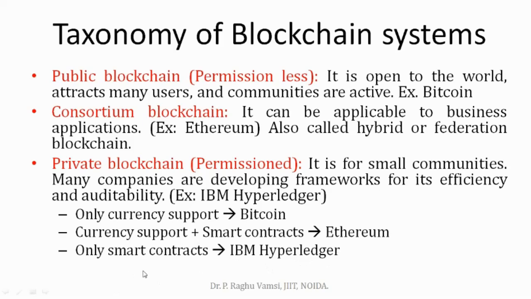IBM Hyperledger doesn't have the facility of cryptocurrency, and Bitcoin doesn't have the facility of smart contracts. But one blockchain framework has support for both cryptocurrency and smart contracts, and also decentralized application development. That is what we call Ethereum. So we are going to cover Bitcoin, Ethereum, decentralized applications and also IBM Hyperledger in this course.